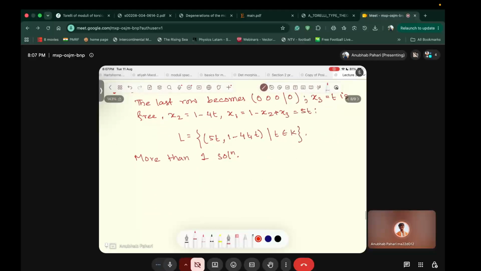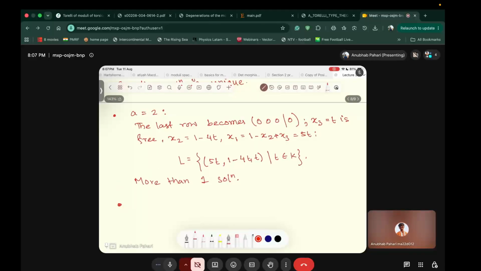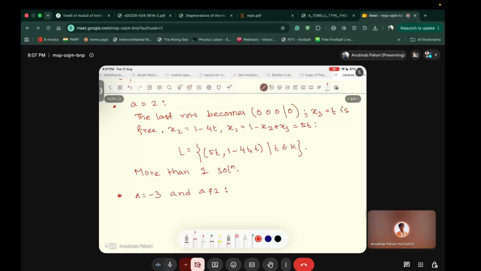So we are done. Oh sorry, there is another subcase also, I forgot: a equals minus 3 and a not equals 2. In this case you can see the last row is of this form, 0, 0, 0, 2 minus a.